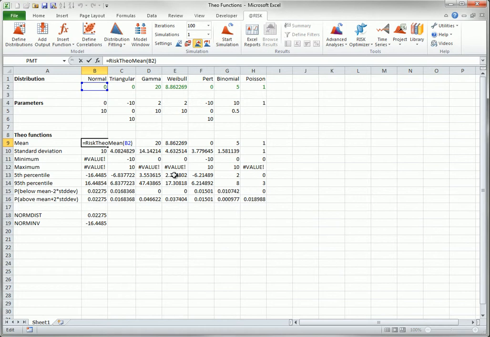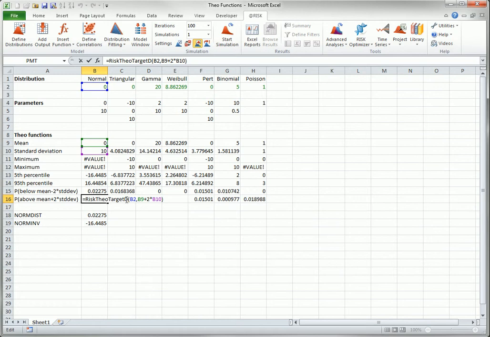RiskTheoMean, standard deviation, minimum, maximum, 5th percentile, 95th percentile, which I've done with the D version using the 0.05 argument, the probability of being at least 2 standard deviations below the mean, RiskTheoTarget, and the probability of being at least 2 standard deviations above the mean.